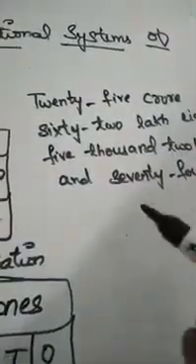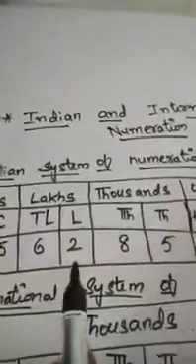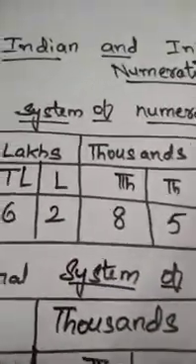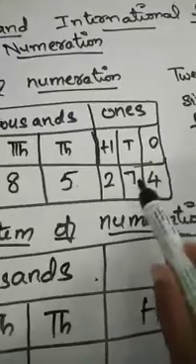I have written it in words the same way I pronounce it. In ones we have 3 digits: ones, tens, hundred.